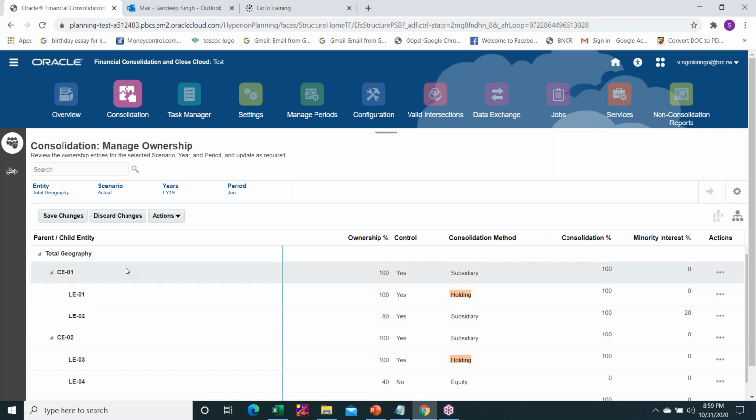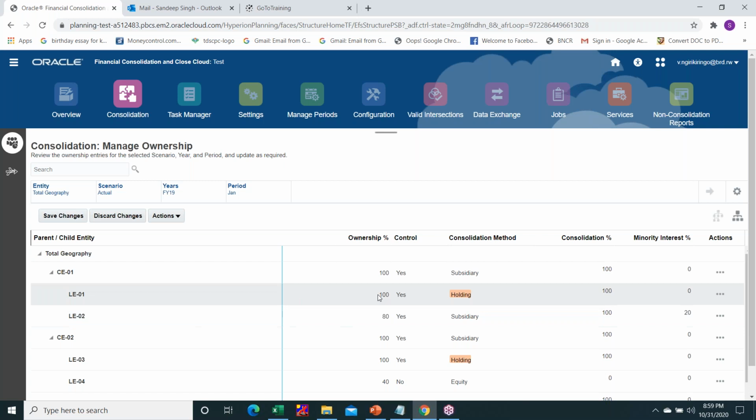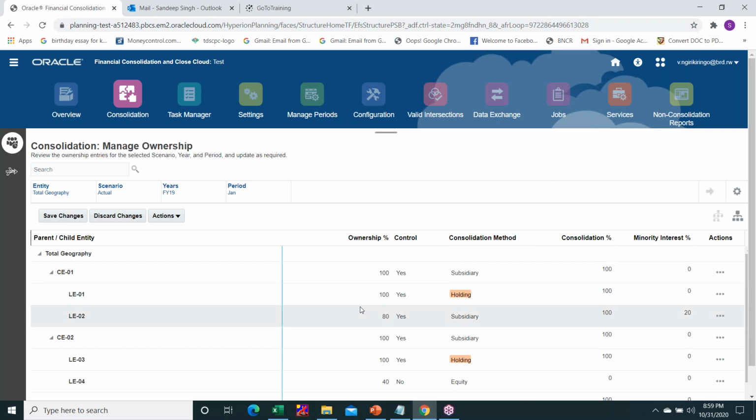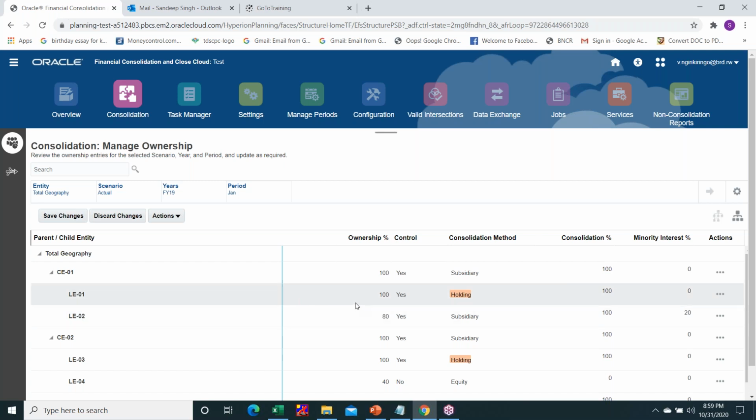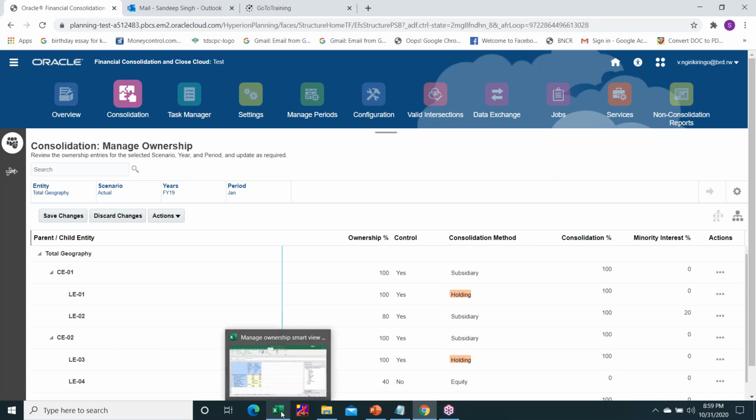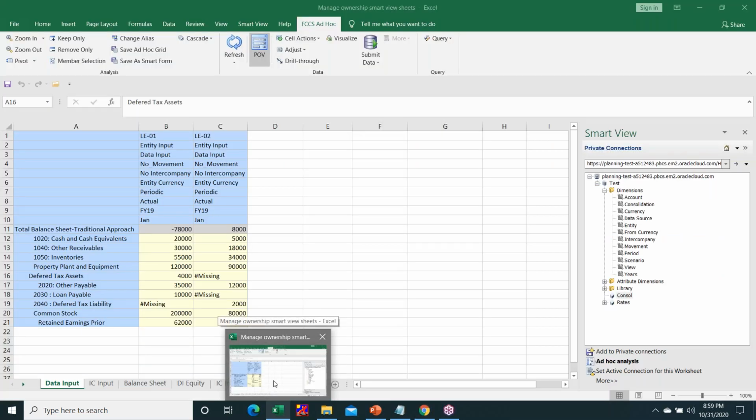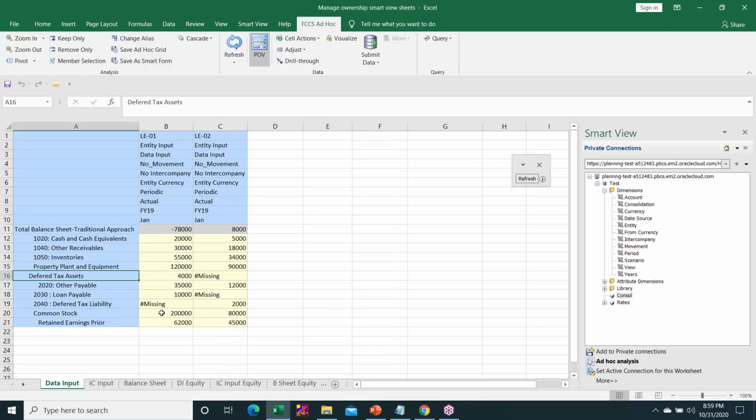So for the CE01, I have inputted those numbers within the application through Smart View. I'm going to tell you how we need to enter those numbers within the FCCS application. You see that we do have the two legal entities, that is the children of CE01.